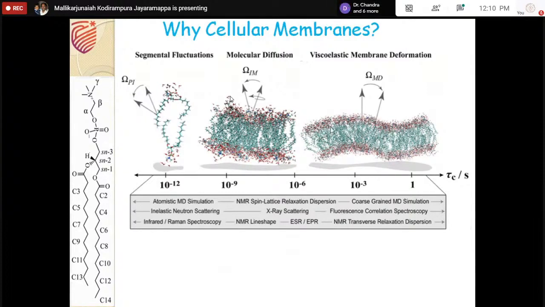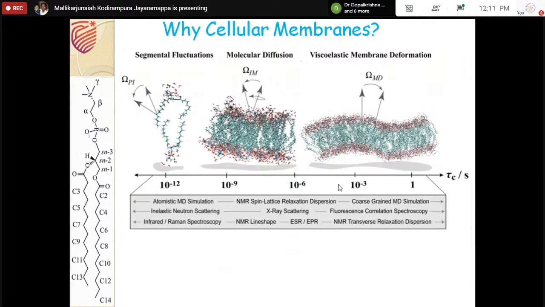And there is this entire assembly of lipids, they do undergo sort of undulations or deformations. This entire loop is changing. It is like a thread. If I make that entire thread move around, we represent it as viscoelastic membrane deformation.